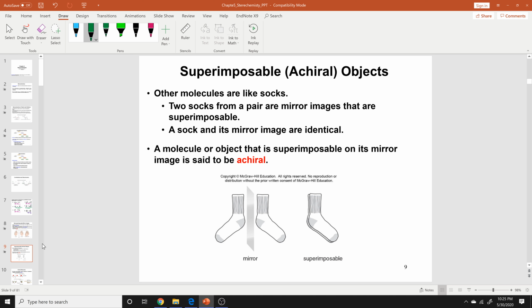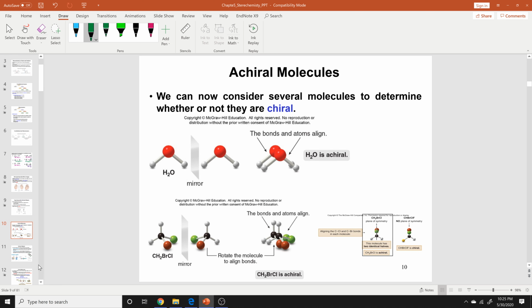This means that they are superimposable. So we're going to say that the object is achiral. By definition, a molecule or object that is superimposable on its mirror image is said to be achiral. So these are the two terms that we're going to use throughout this chapter, chiral and achiral.